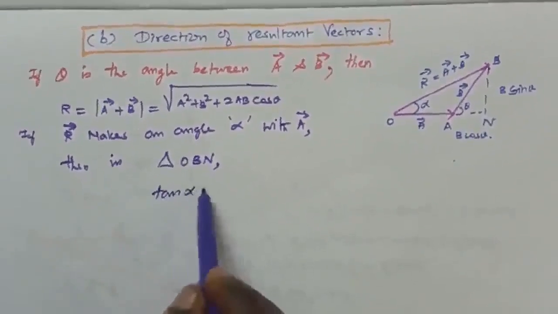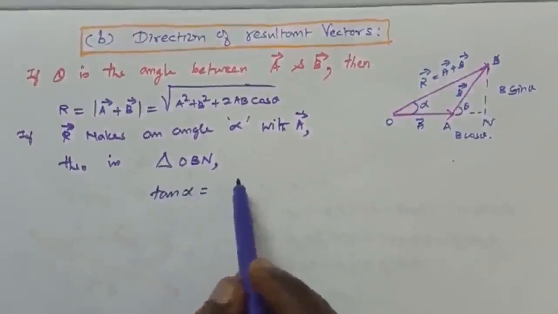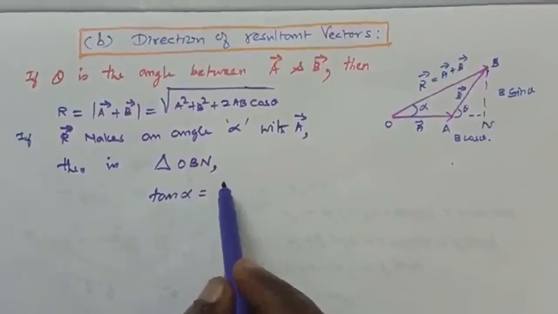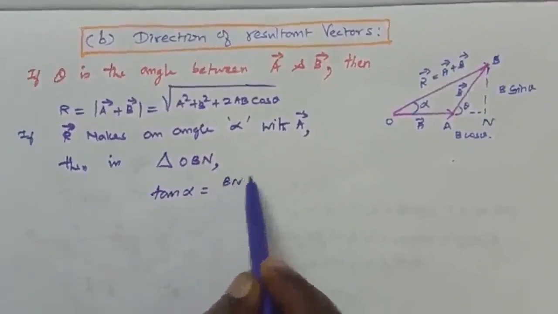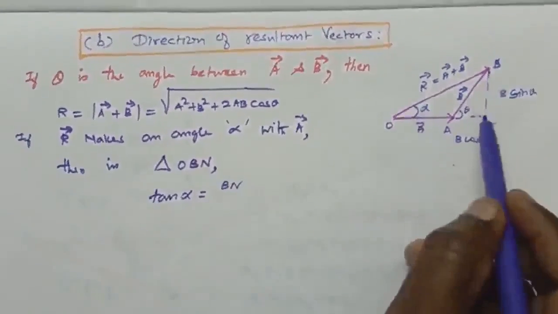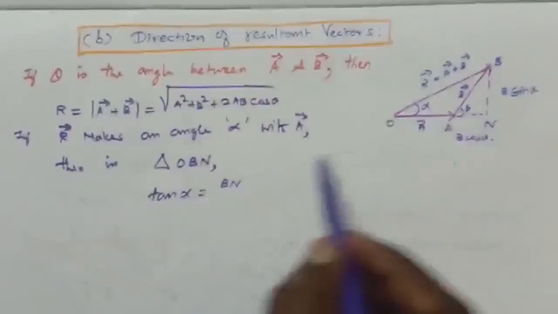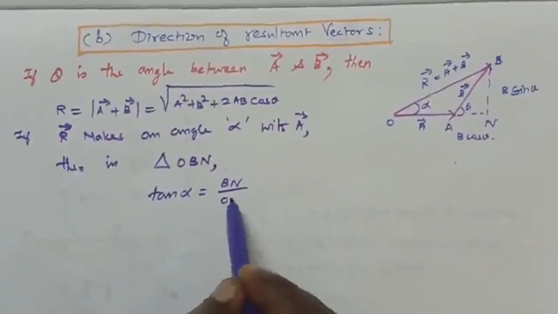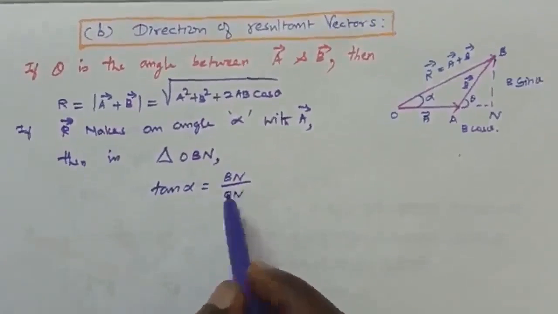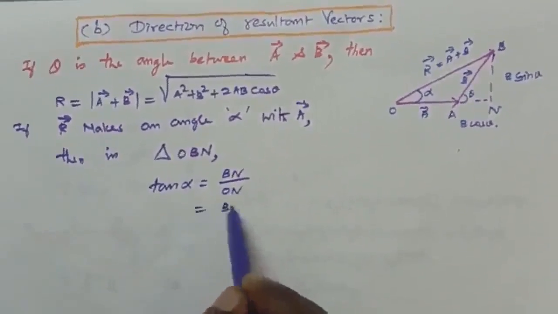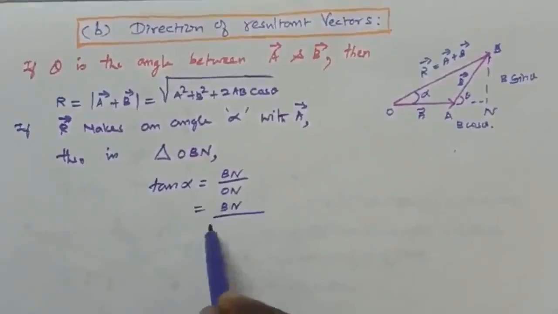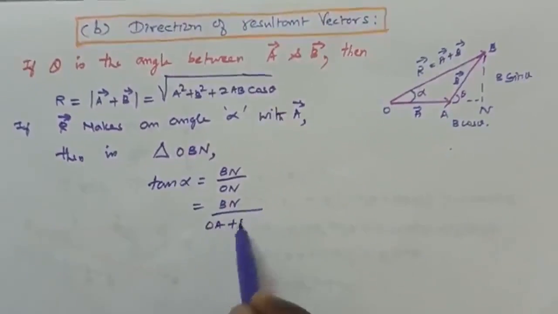Tan alpha is equal to opposite over adjacent. What is the opposite of alpha? BN, divided by ON. Therefore BN divided by OA plus AN.